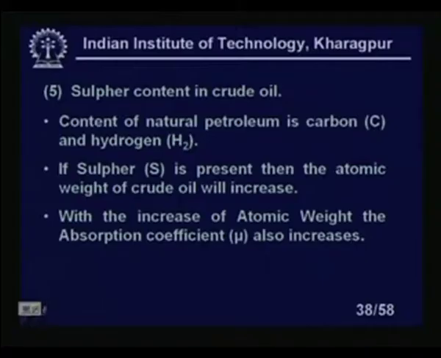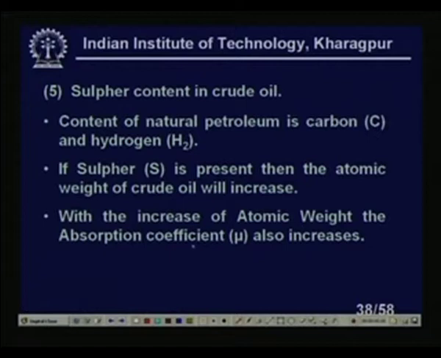What is that equation? We have seen that equation. It looks like this: I naught exponential minus mu x. With the increase of atomic weight, the absorption coefficient mu also increases. Obviously, I will be different.